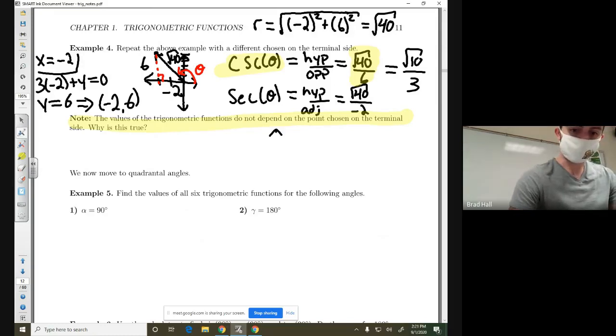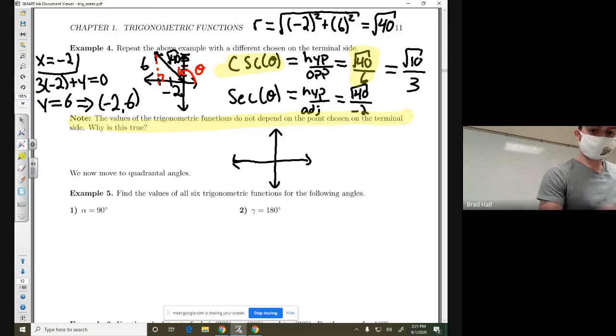So if I draw an XY plane, then 90 degrees would be a quadrantal angle. Or if you kept going to this axis, that would be 180 degrees.